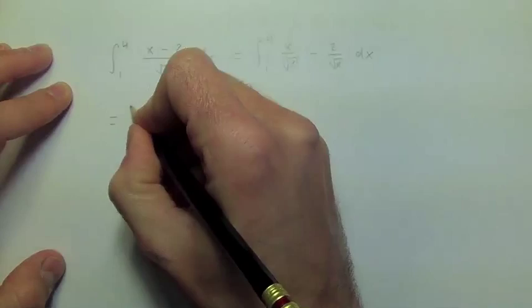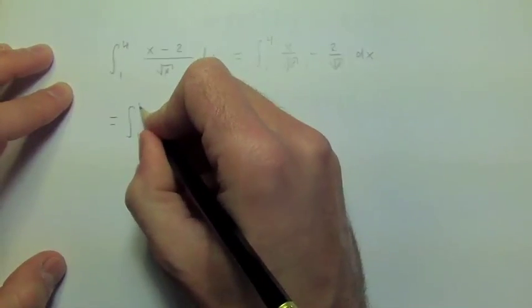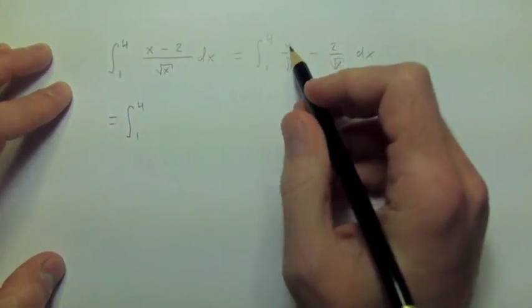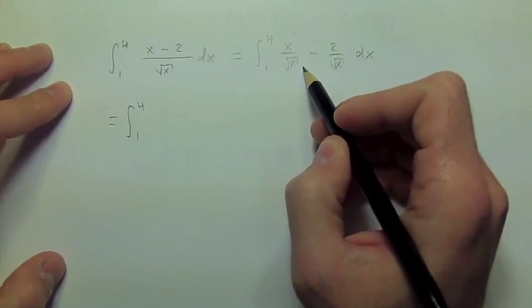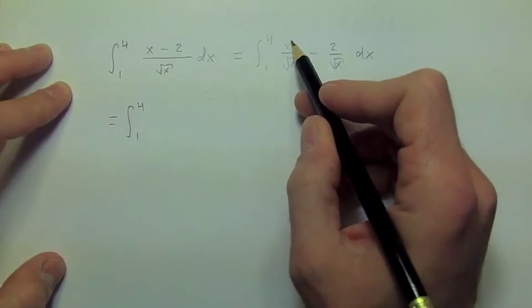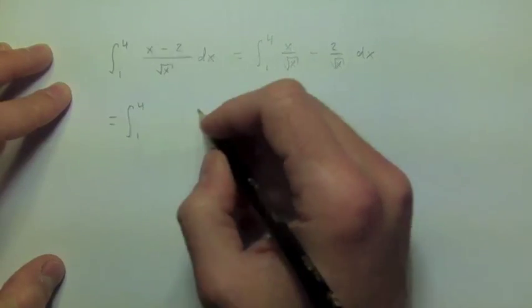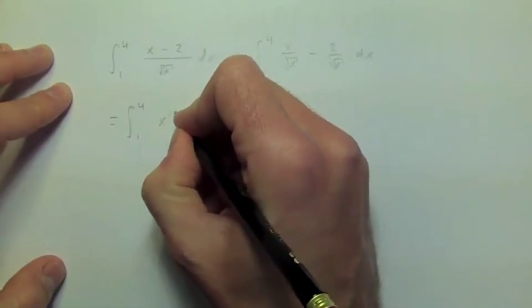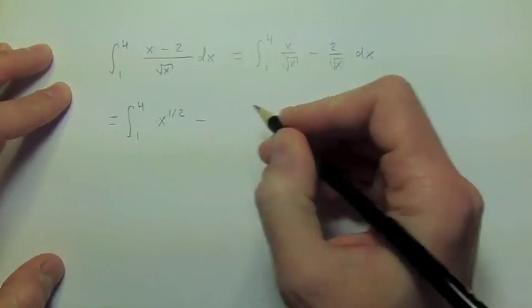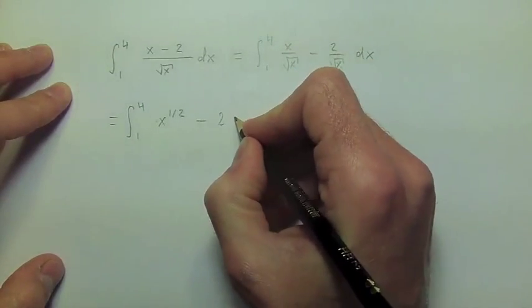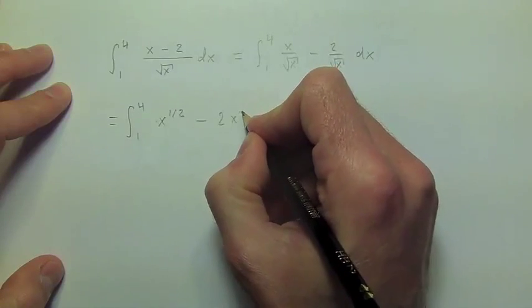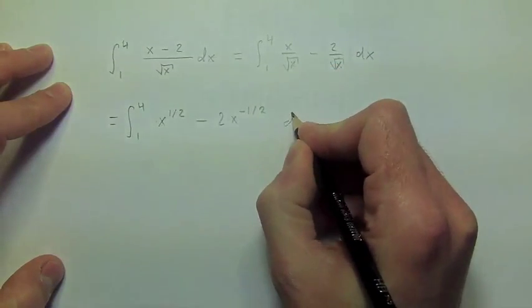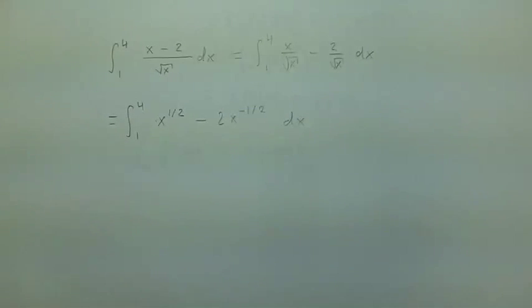All right, so this is going to be the integral from 1 to 4 of, all right, this is x to the 1 over x to the 1/2. Or if you divide a square root out of x, you're just going to end up with a square root of x. So this is x to the 1/2. And this is minus 2x to the negative 1/2 dx.